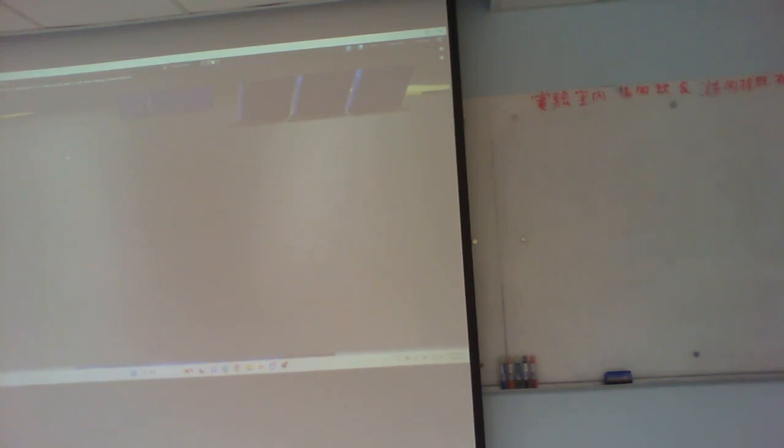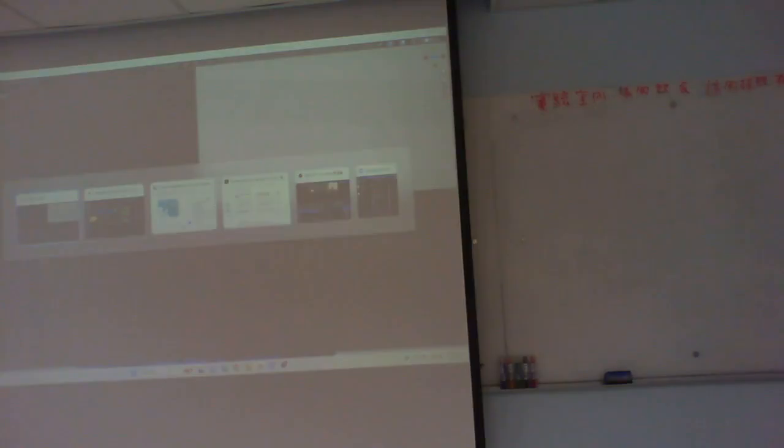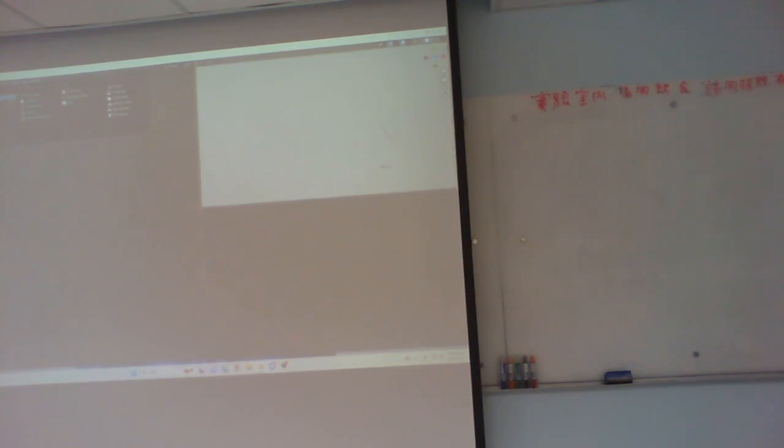Oh, it's frame one. Okay. Yeah. I can set the render settings to be less than that, because we don't need to render at such high resolution.